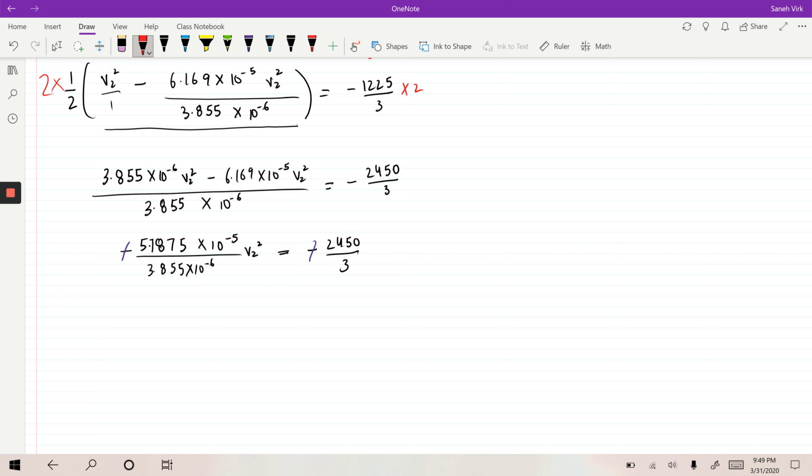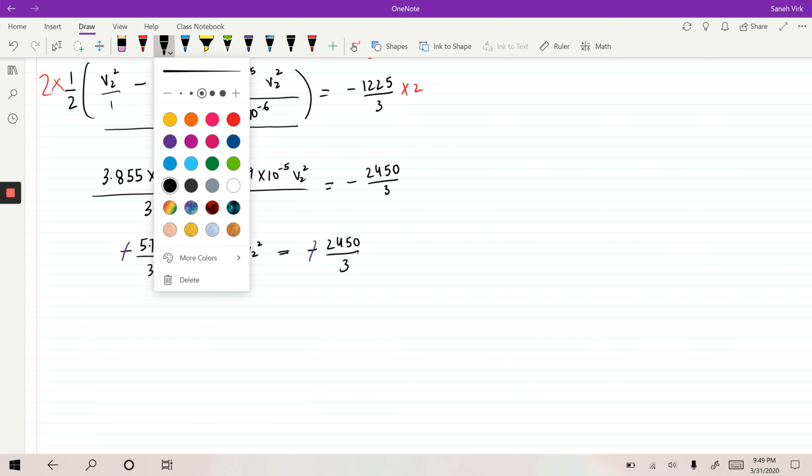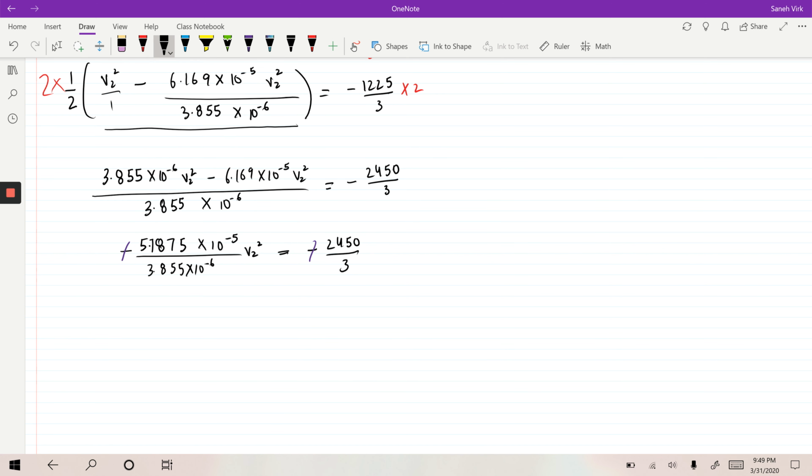Let's put our fraction in the calculator and see what we get: 5.7875 times 10 to the negative 5 divided by 3.855 times 10 to the negative 6.